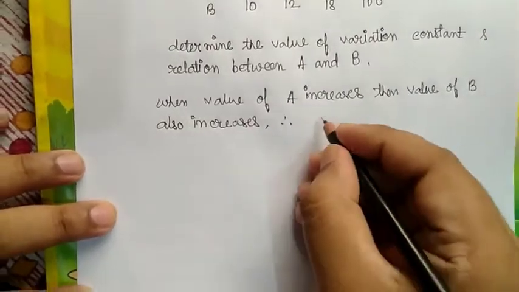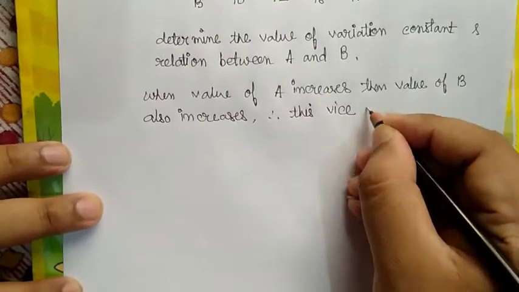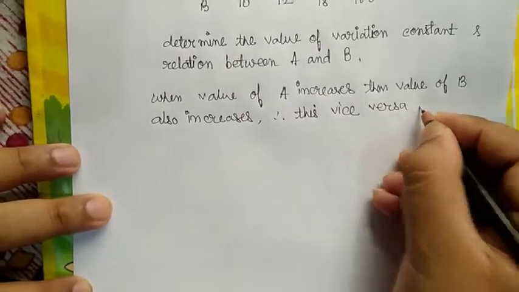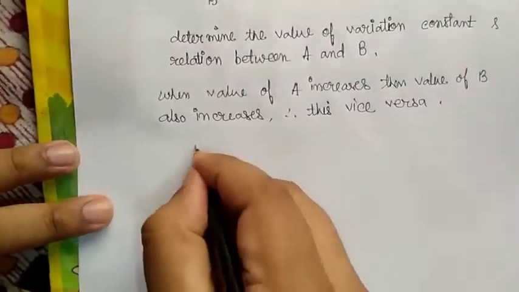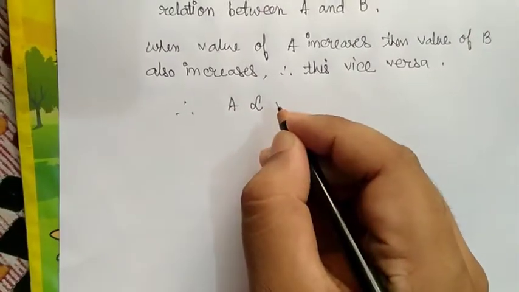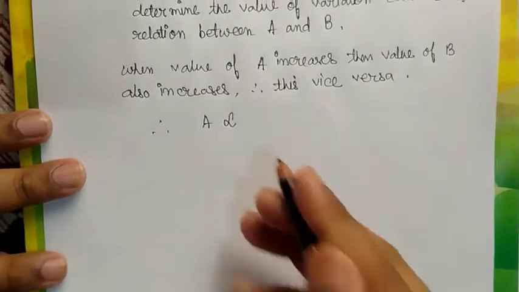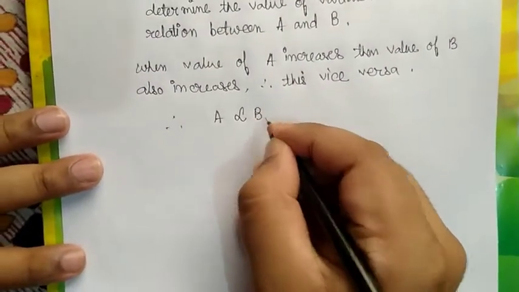So this is vice versa. So therefore a varies simply with b.